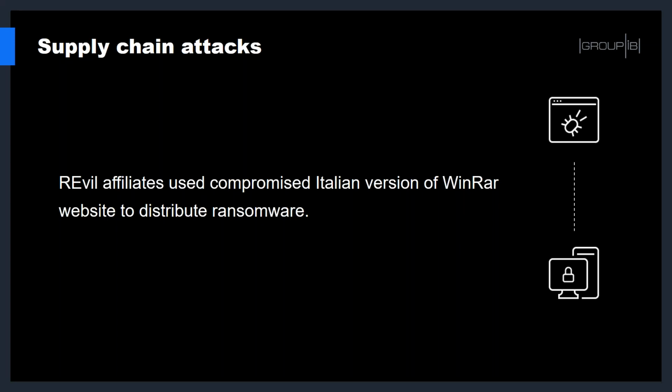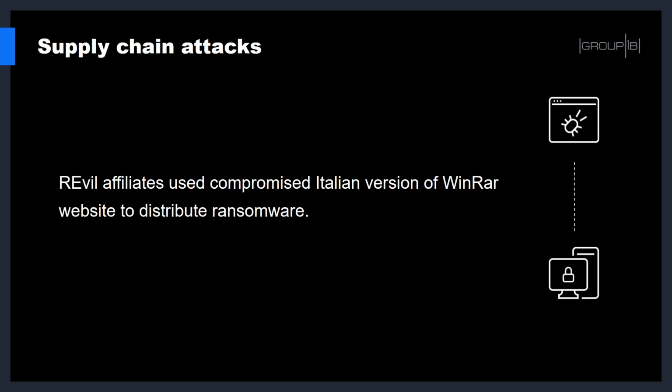And some of these program affiliates used quite an interesting initial access vector. For example, one of the groups behind REvil compromised the Italian version of the WinRAR website. So in fact, it was an Italian distributor of WinRAR. They compromised their website and weaponized the WinRAR installer.